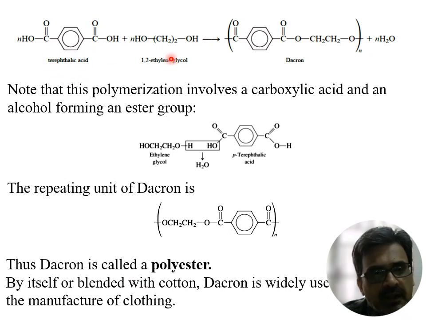You can see terephthalic acid and ethylene glycol giving PET, and we can see the elimination of water during the polymerization reaction, and this is the repeating unit. This is also called polyester.